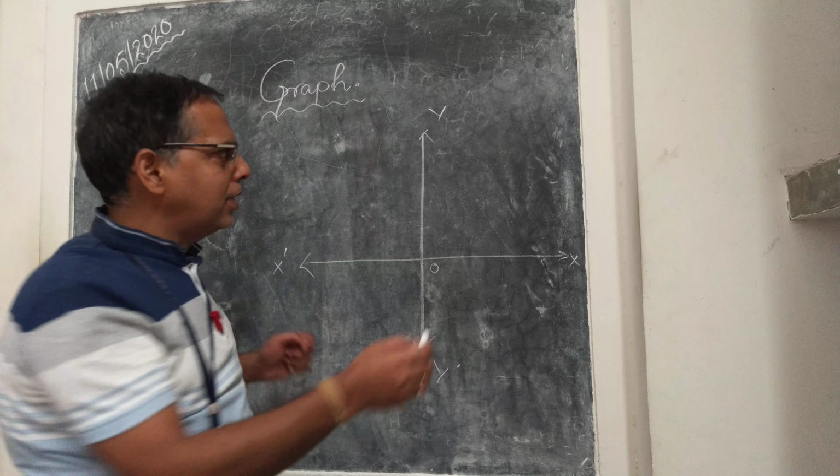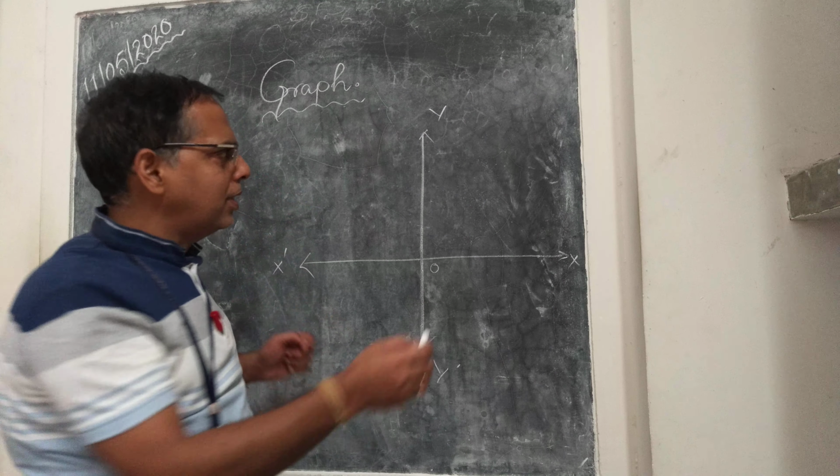Same thing, this is x and this is x dash, that means it is the image. This is the original, this is the image, so the original is the main one. That's why this is the positive side of the x-axis and also the y-axis, and this is the negative side of the x-axis and also the y-axis. Clear?